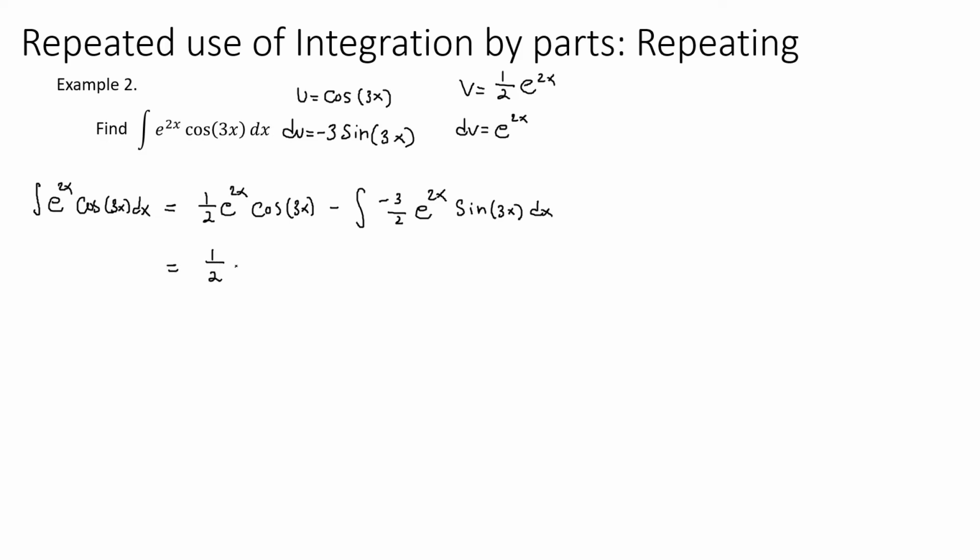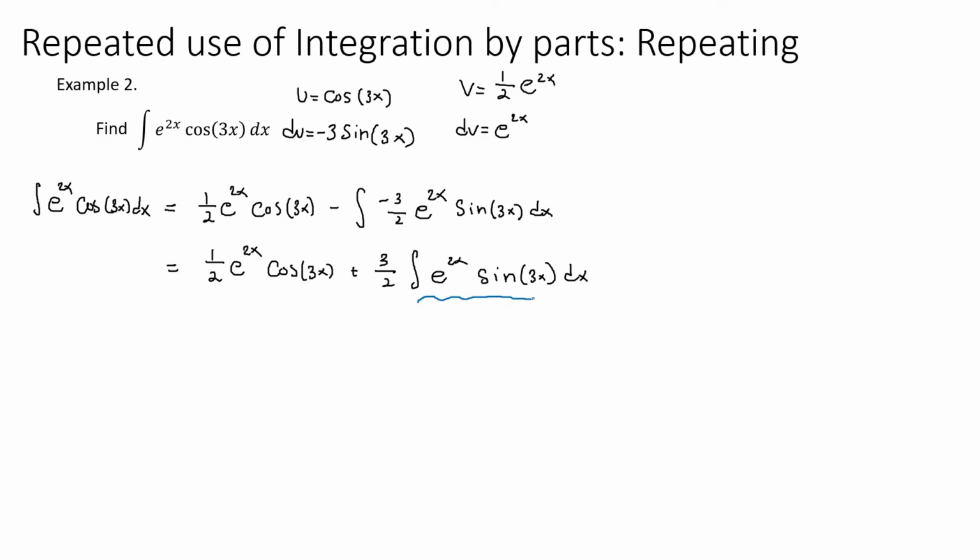Again, I'm going to factor out negative 3 over 2 to make it easier to solve. So we have positive 3 over 2 integral of e to the 2x times sine of 3x dx.